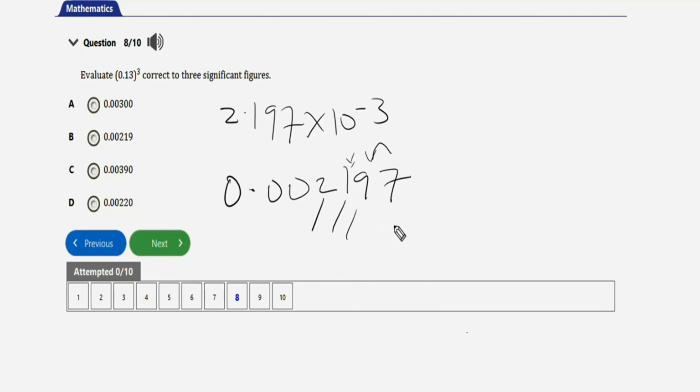So to 3 significant figures it is going to give us 0.00220. So that will be the answer. The right option is option D. I think we have a video on significant figures in this series.